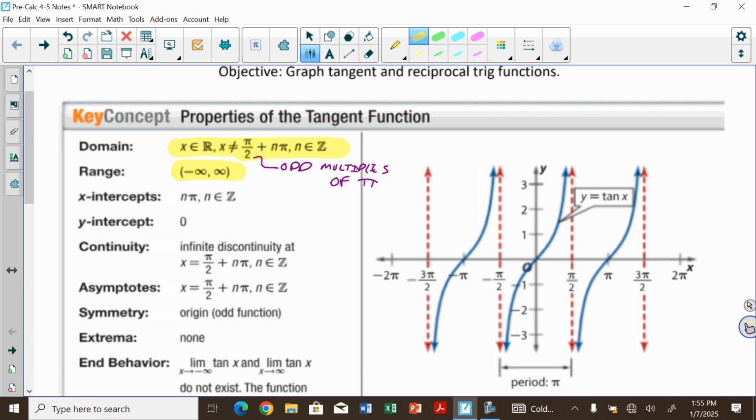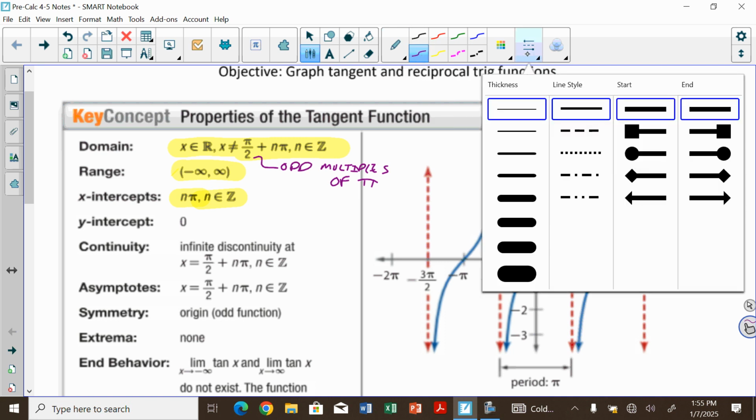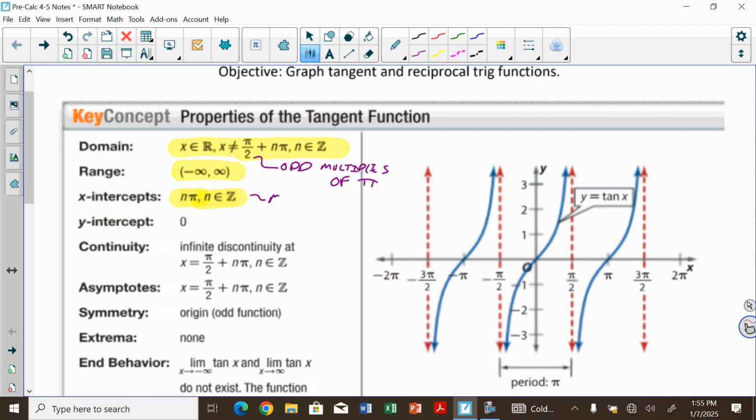Your x-intercepts, again, are n times pi, multiples of pi, as long as they exist within the set. This n times pi just means multiples of pi. So 1 pi, 2 pi, 3 pi.